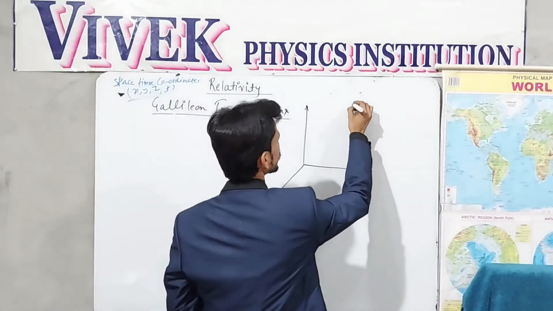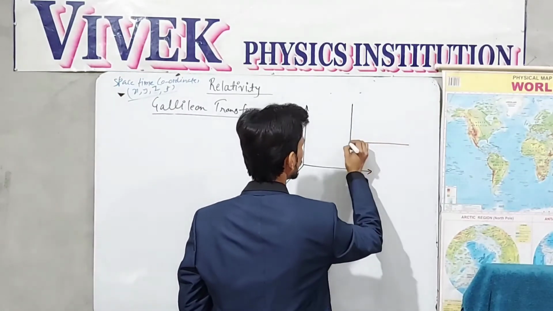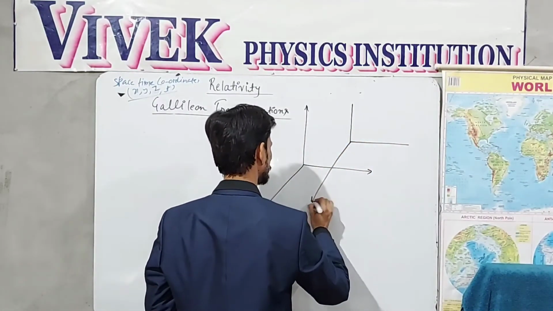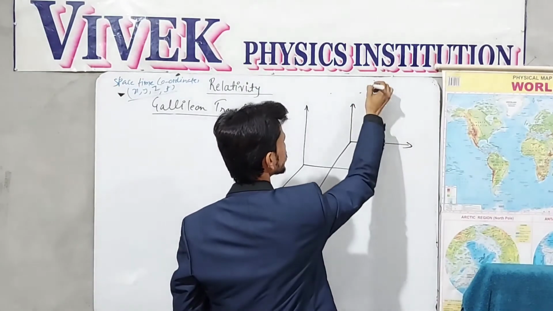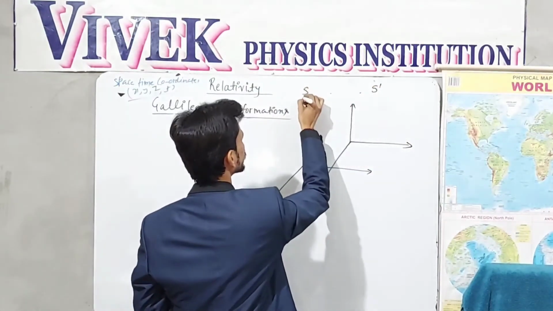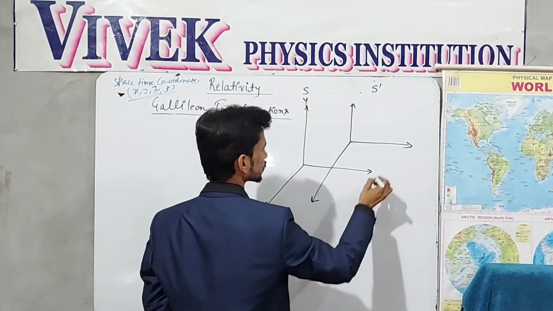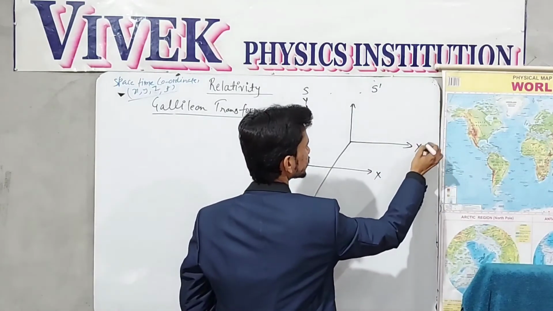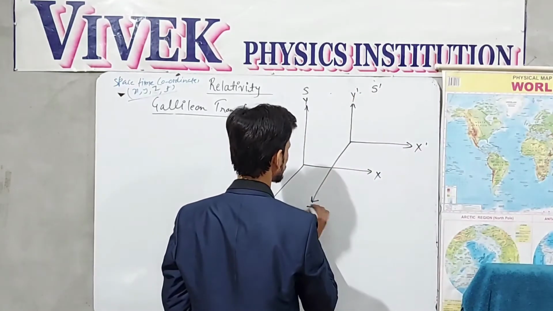Let's say it is moving along all three axes. This is S dash, this is S, this is the y axis, this is the z axis, this is the x axis, and this is the x dash axis, y dash axis and z dash axis.